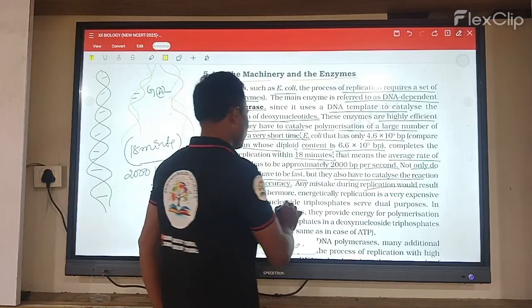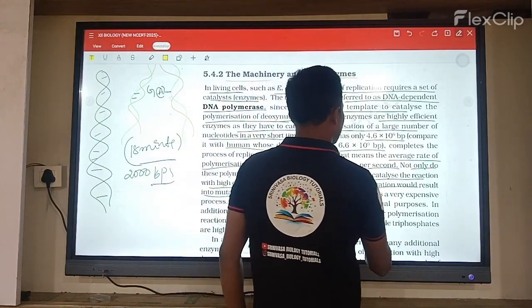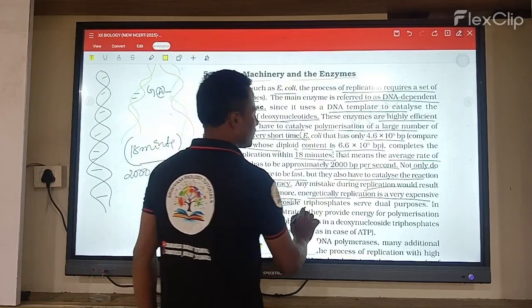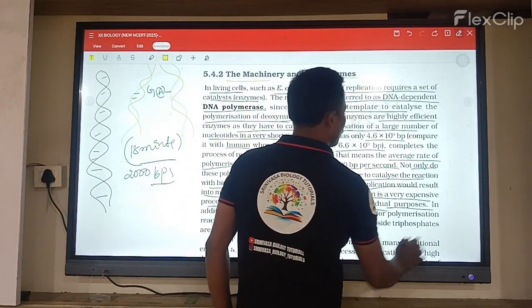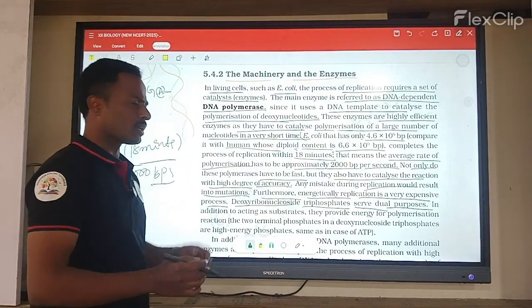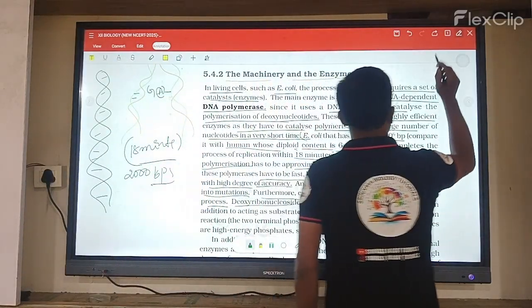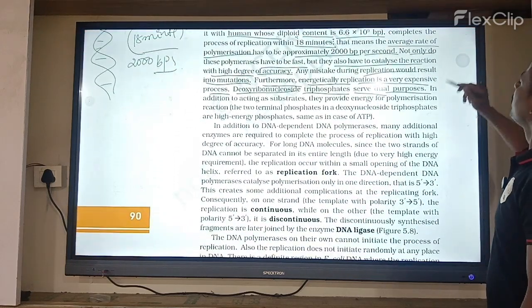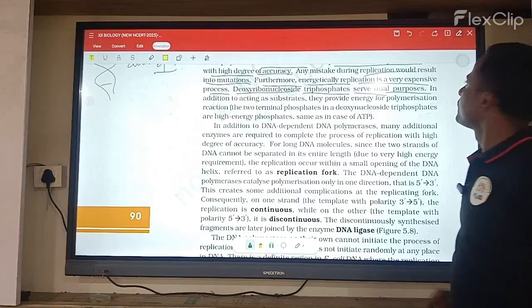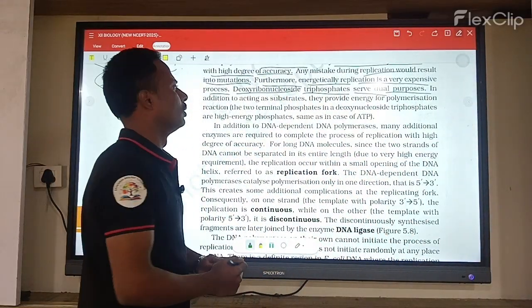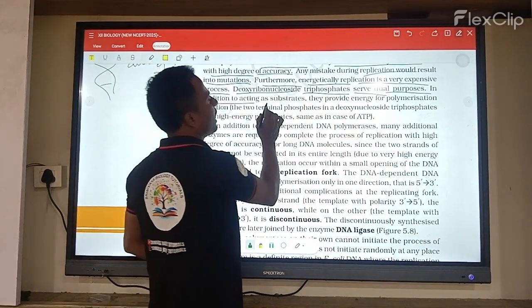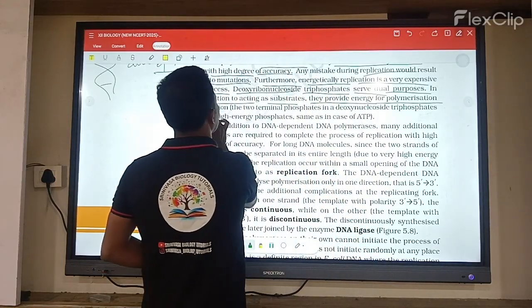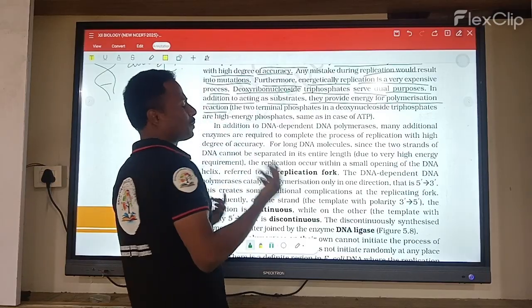Furthermore, replication is energetically a very expensive process. The deoxyribonucleoside triphosphates serve a dual purpose. Most of the deoxyribonucleoside triphosphates participate in a dual role. In addition to acting as substrates, they provide energy for the polymerization reaction.